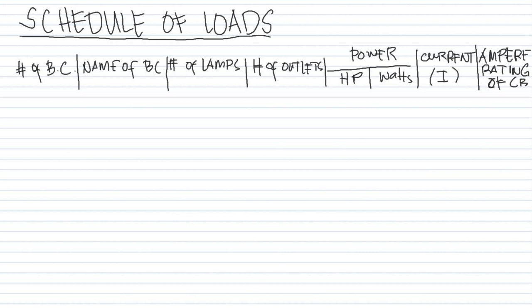Okay, there's still more here to be filled up. After that, the ampere rating of circuit breakers would be the type and size of wire. Then after that, the size of conduit.